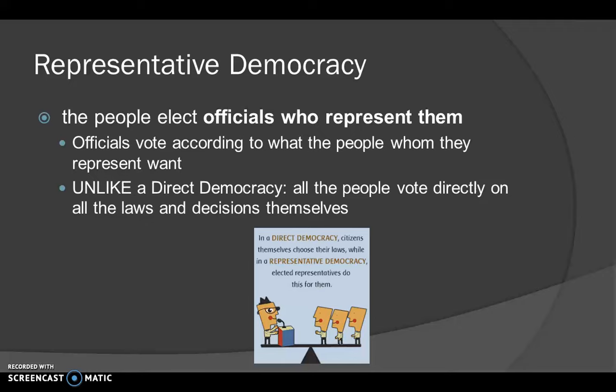Representative democracy means that unlike a direct democracy, where every person who's part of the country gets to vote directly on all the laws and all of the decisions themselves, in order to make things easier, the people elect officials who represent them. And then those officials, like the representatives and the senators, would vote according to what the people whom they represent want, to what their constituency wants.